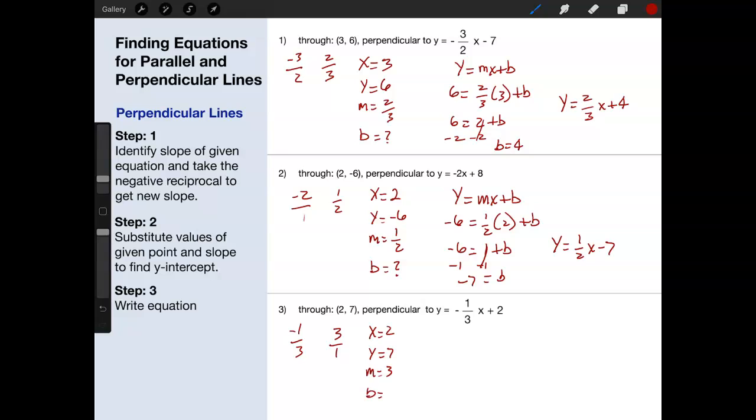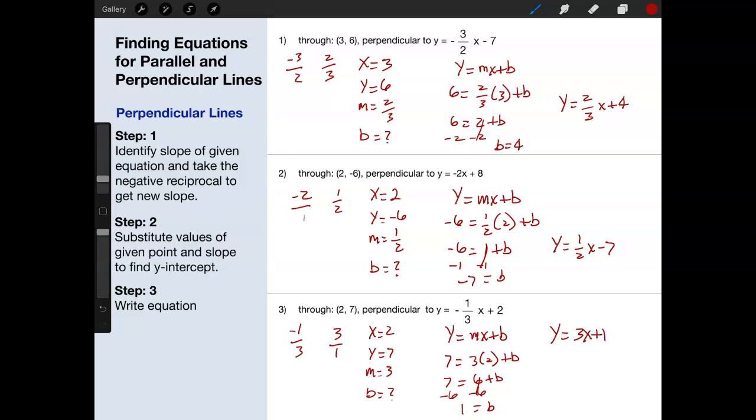We want to find the new y-intercept. We substitute our values into y equals mx plus b. We have 7 equals 3 times 2 plus b. 7 equals 6 plus b. We subtract 6 from both sides. And b equals 1. Now we can write our new equation. Y equals 3x plus 1.